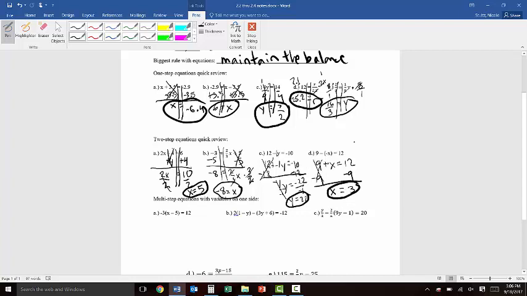I actually want to do an extra problem, so this will be problem E. I'm going to write -9 plus x equals 12. So it's almost the same problem. If we want to solve for x, this is where kids get confused, because it looks like we're adding 9. But we don't read a problem like that. We don't read it from right to left.